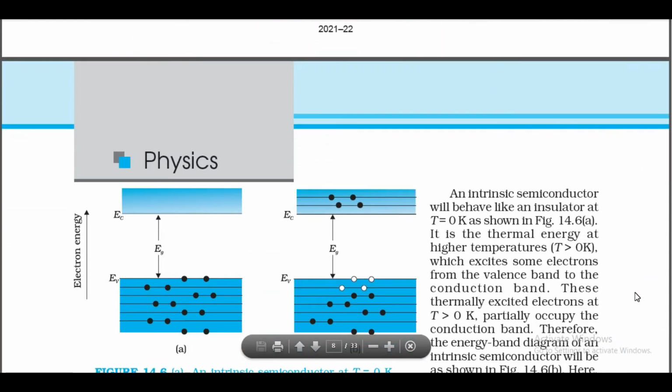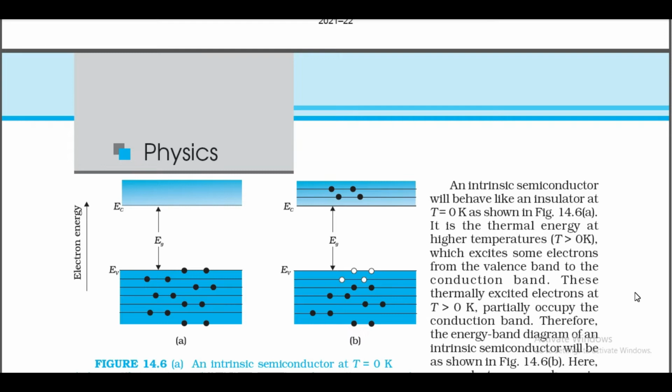An intrinsic semiconductor will behave like an insulator at T = 0 Kelvin, as shown in figure 14.6a. It is the thermal energy at higher temperature, T > 0 K, which excites some electrons from the valence band to the conduction band.